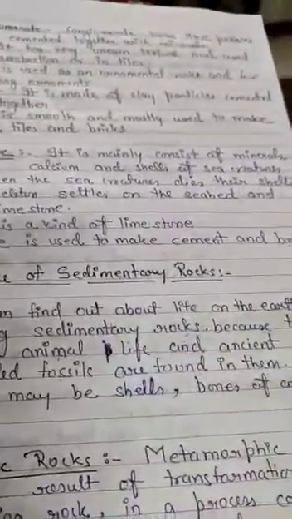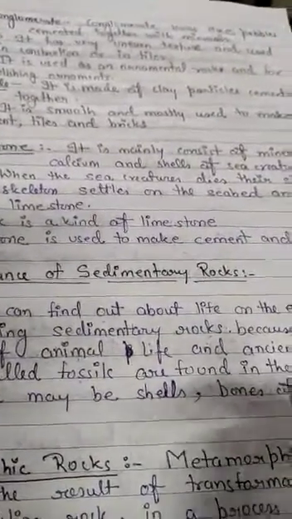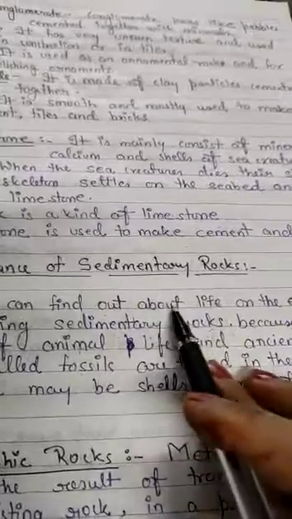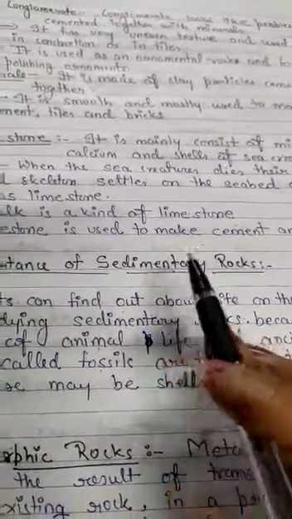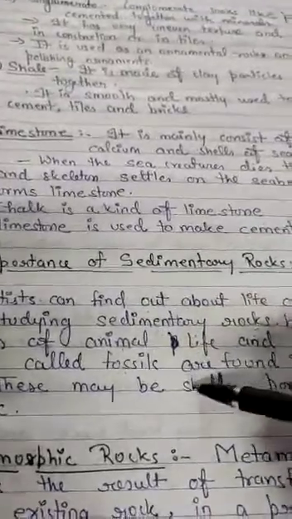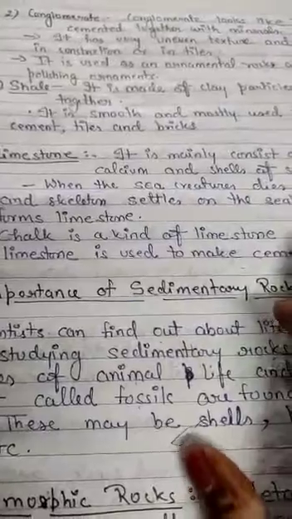These types of marks or traces found in the sedimentary rocks help them get so much information about the rock and about the life. So in this way we have completed sedimentary rocks.